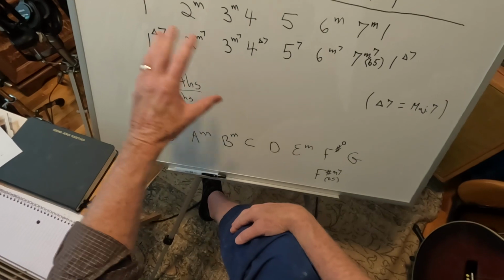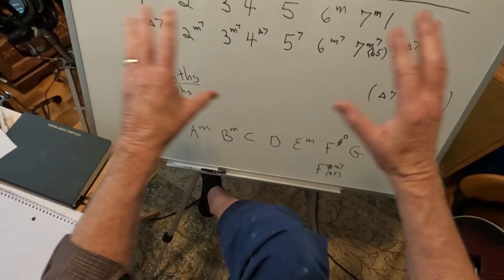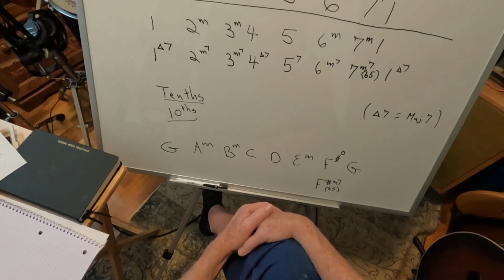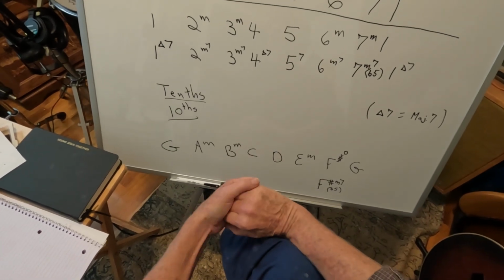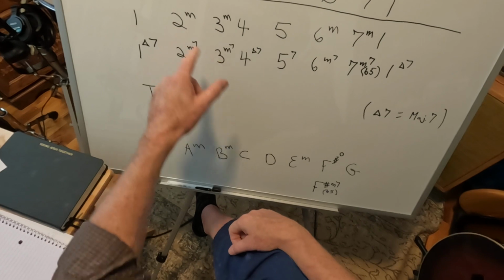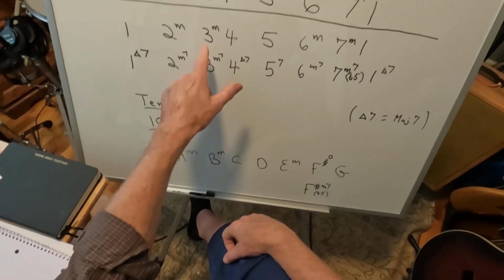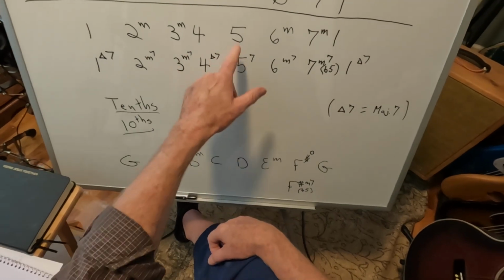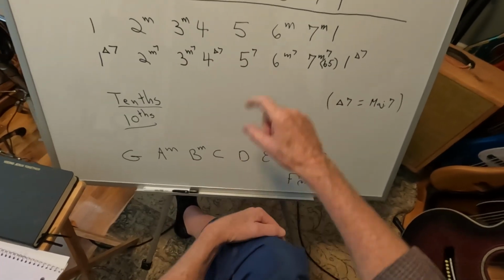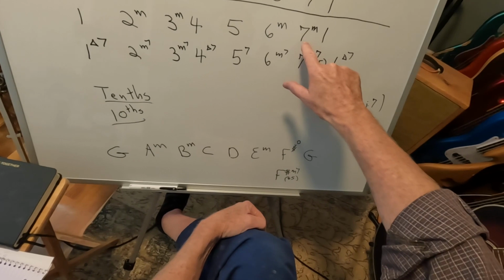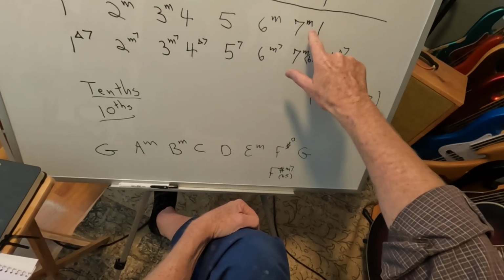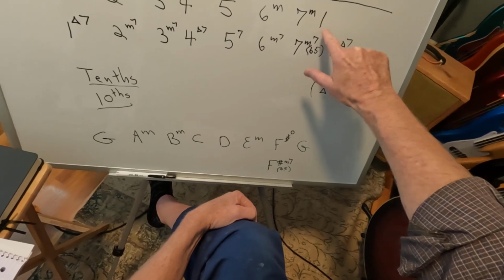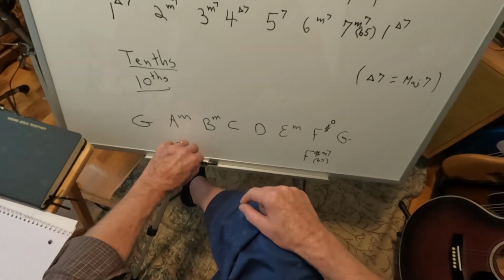But naturally, the way the notes lay, if you play the chords in the major keys, the 2 is always minor, the 3 is always minor, the 4 is like 1, it's major, the 5 is major, the 6 is minor, the 7 is minor, and we're going to talk again about the minor 7 flat 5, and the 1 is major.